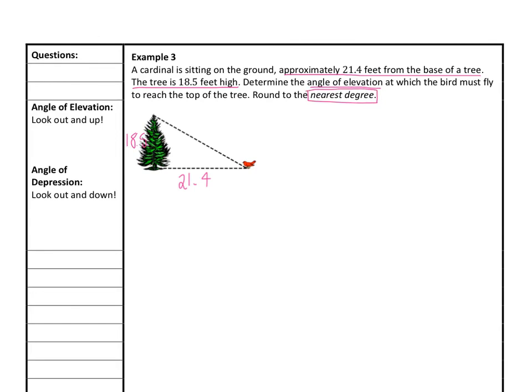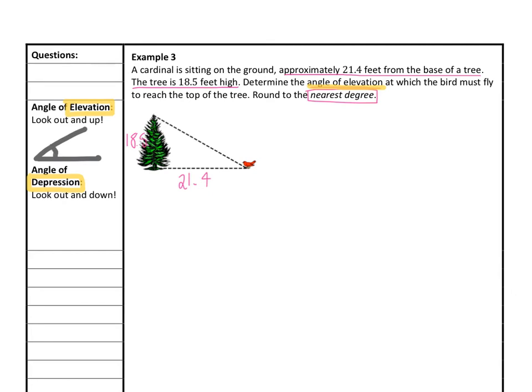So the first thing I want to point out to you here is angle of elevation. There's two different types of angles you can find. Angle of elevation, and there's something called the angle of depression. So the angle of elevation is when you look out and up. So meaning you look out, and then from that out you look up, so your angle would be here.